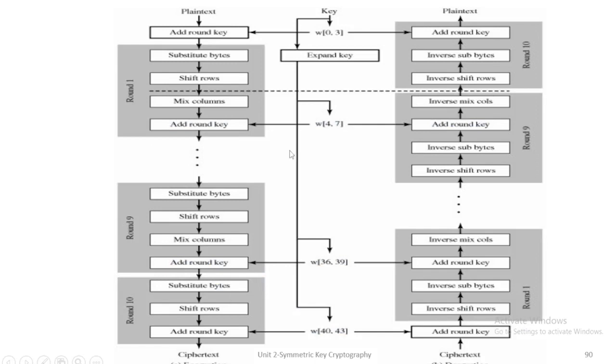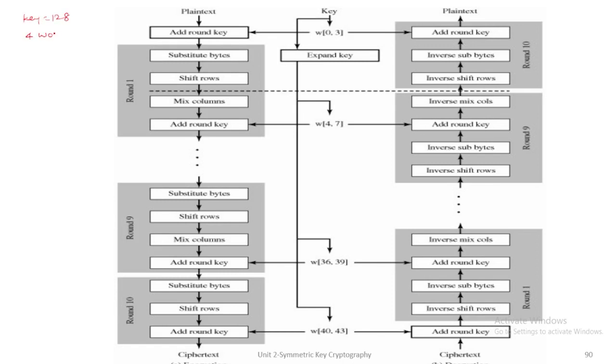So in a diagrammatic way, this is the pre-round transformation in which the round key is used. Add round key means we should use a subkey. This key is represented as a word. Totally 4 words are used in each round, so the total key size is a 128 bit key.